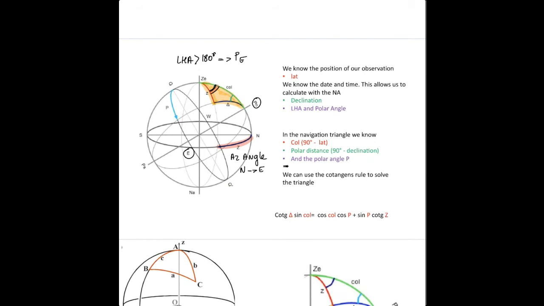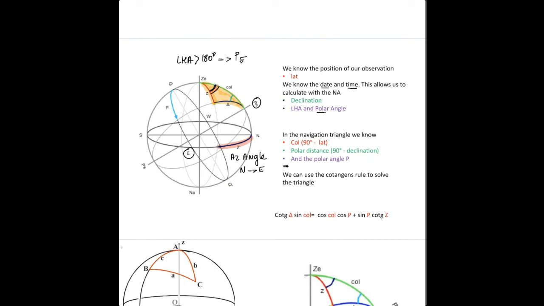Okay, so what do we know from our observation? We know the position of our observation, that is our latitude. We also know the date and time, and this will allow us, as we have just done, to calculate for the celestial body the declination and the GHA, transform it into LHA and then to polar angle.